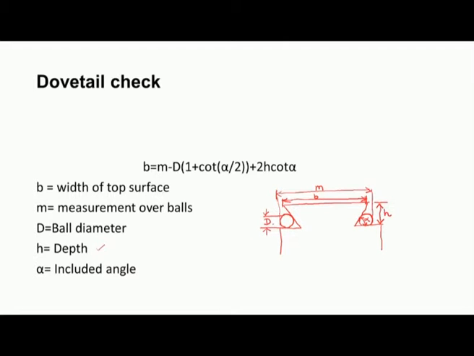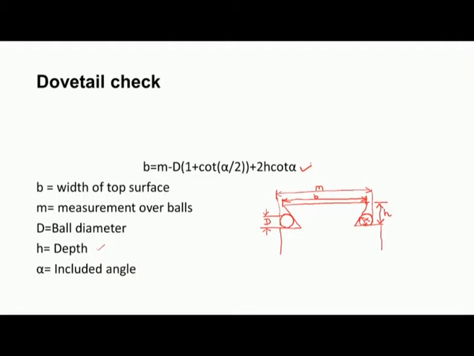Now, by knowing any 4 out of these 5 parameters, B, M, D, H, alpha, the other unknown can be calculated using this relationship.